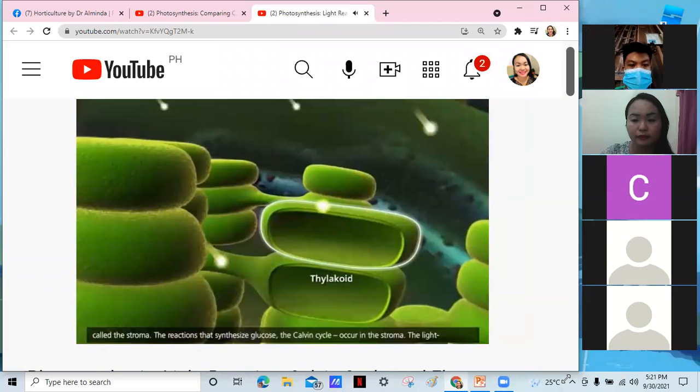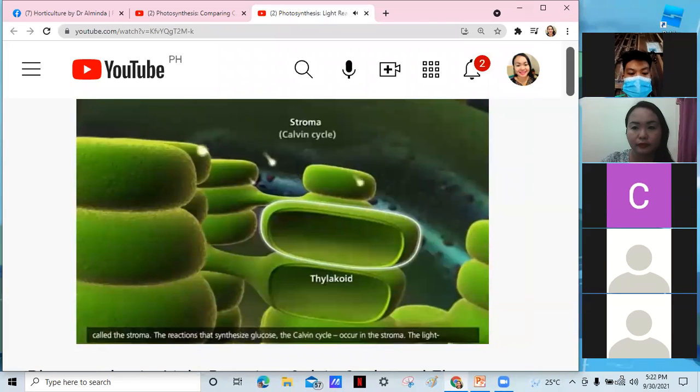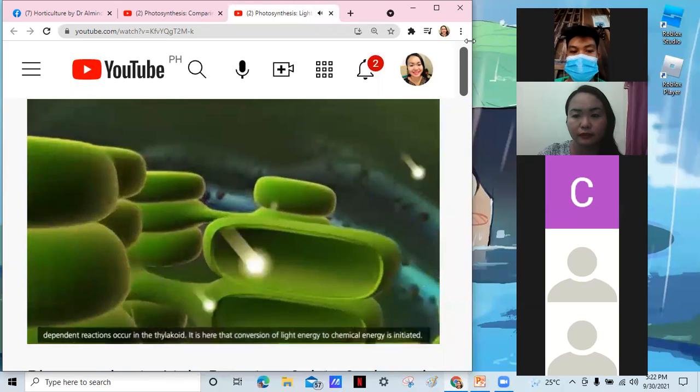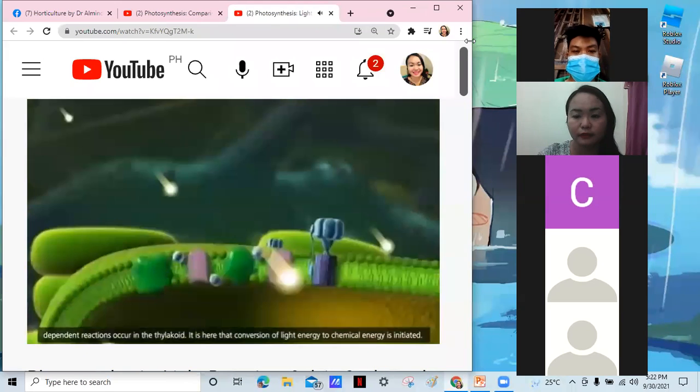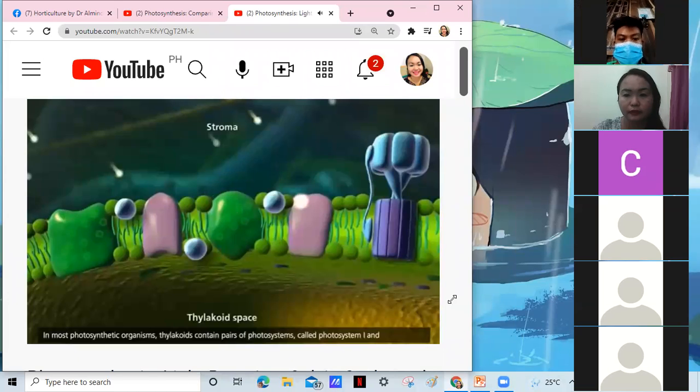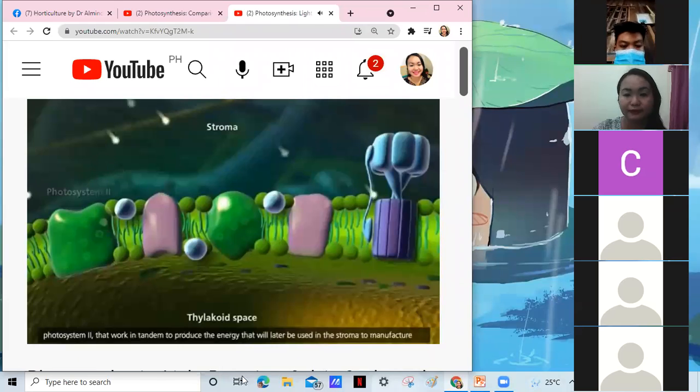The reactions that synthesize glucose, the Calvin cycle, occur in the stroma. The light-dependent reactions occur in the thylakoid. It is here that conversion of light energy to chemical energy is initiated. In most photosynthetic organisms, thylakoids contain pairs of photosystems, called photosystem 1 and photosystem 2, that work in tandem to produce the energy that will later be used in the stroma to manufacture sugars.